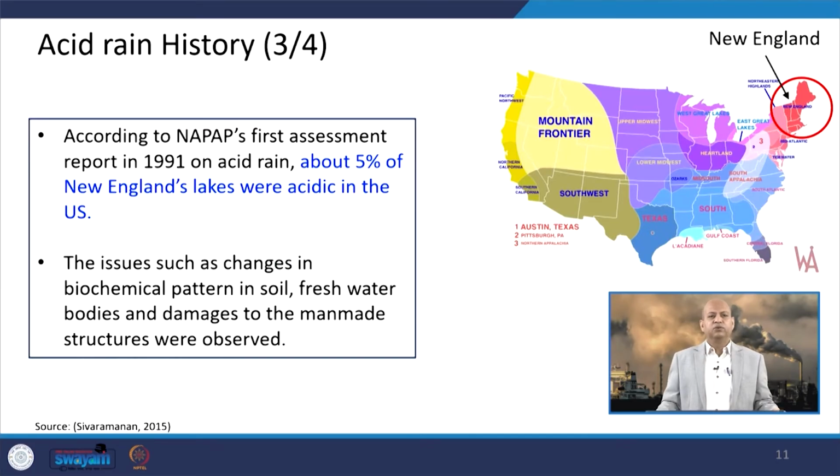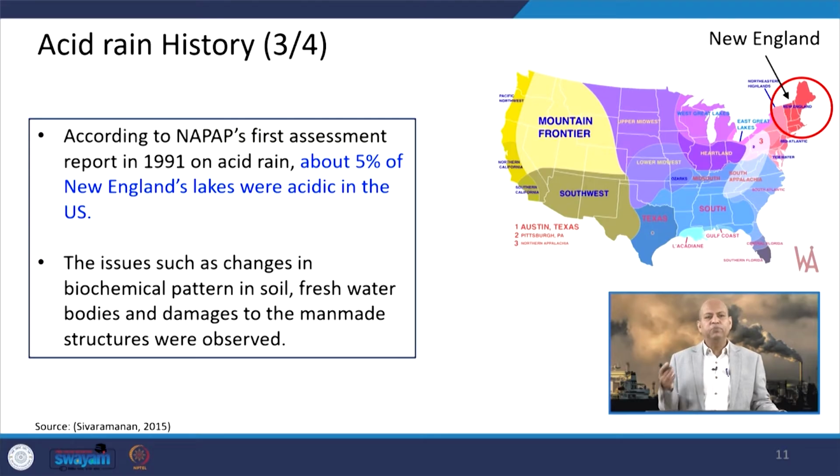Looking further down the timeline, according to this particular program, the first assessment report on acid rain was published in 1991, and it was noticed that about 5% of New England's lakes in the US were acidic.